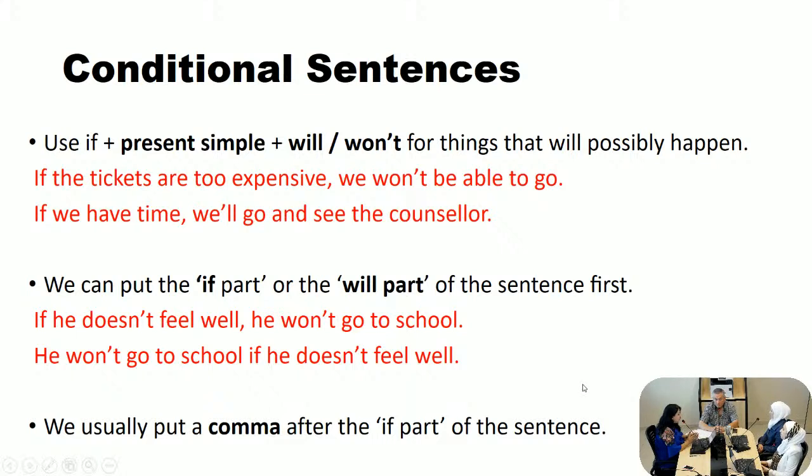We can put the if part or the will part first: if he doesn't feel well, he won't go to school, or the opposite: he won't go to school if he doesn't feel well. The difference is the comma. If we start with if, we use a comma. If we don't start with if, we don't need a comma.